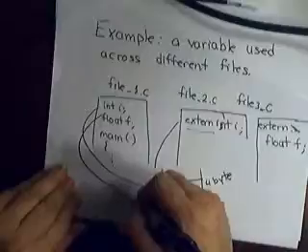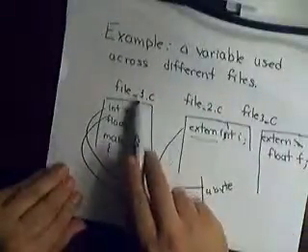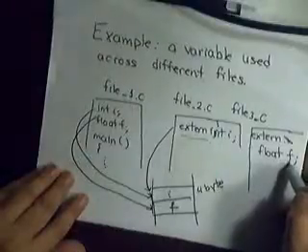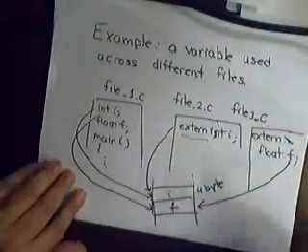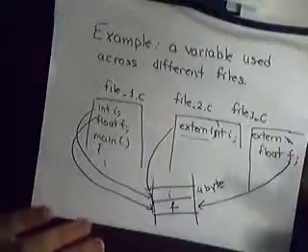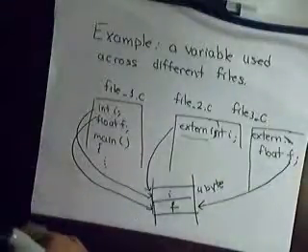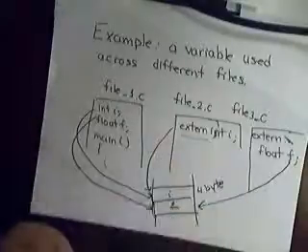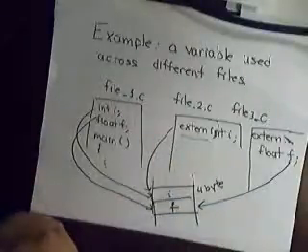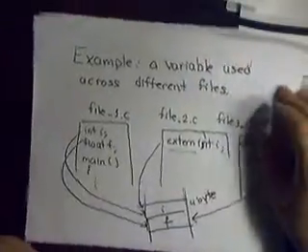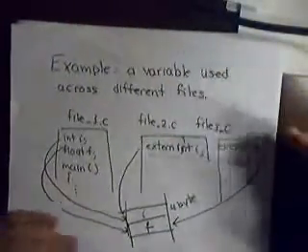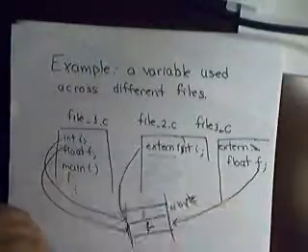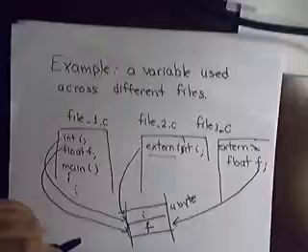Same thing for float f: in file3, the external float f is going to refer to the same memory location. This way, we are able to work with multiple files. If your program has 1 million lines of code, you can imagine it is very convenient to break up your code into smaller files rather than having a huge C file with 1 million lines.